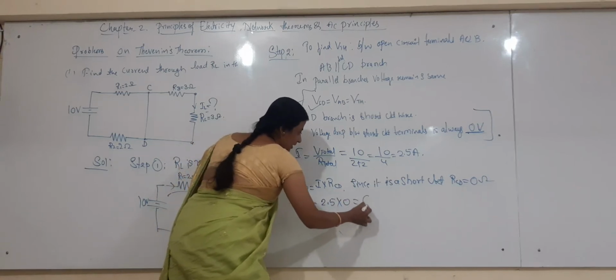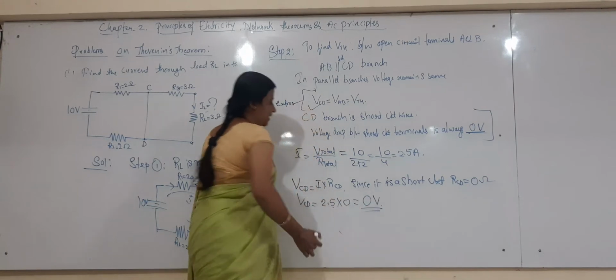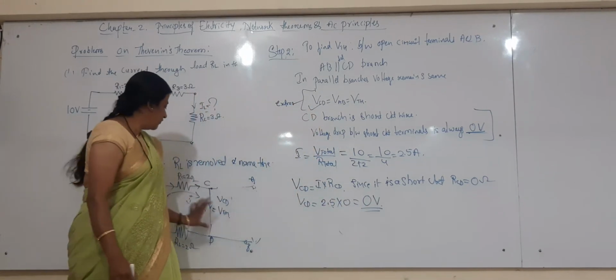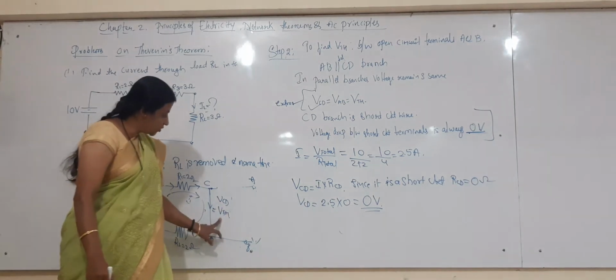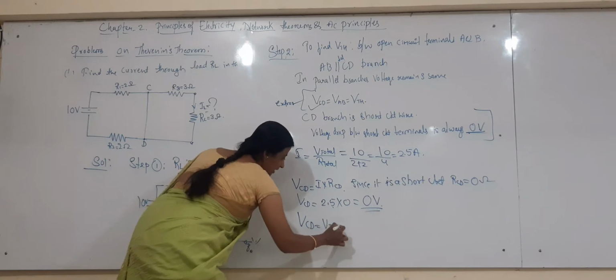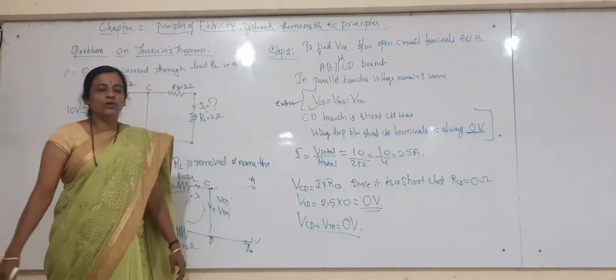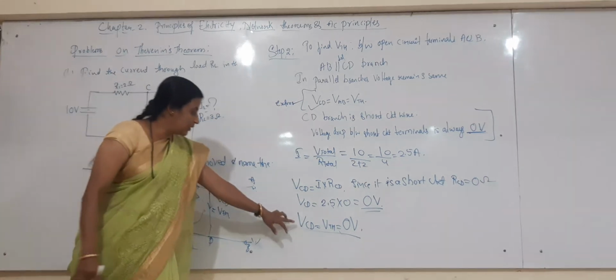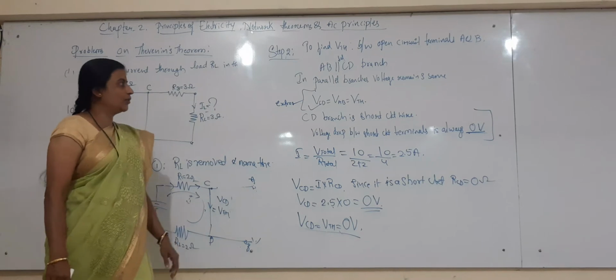Zero into anything is 0, so 0 volt drops here. So VCD is 0 volt, and since VCD is the same as VTH, VTH is also equal to 0 volt. So in this problem we have calculated the first term, VTH equal to 0 volt.